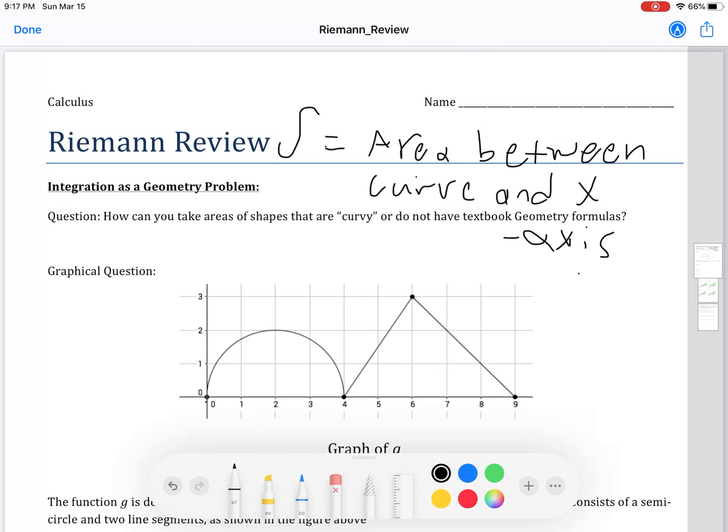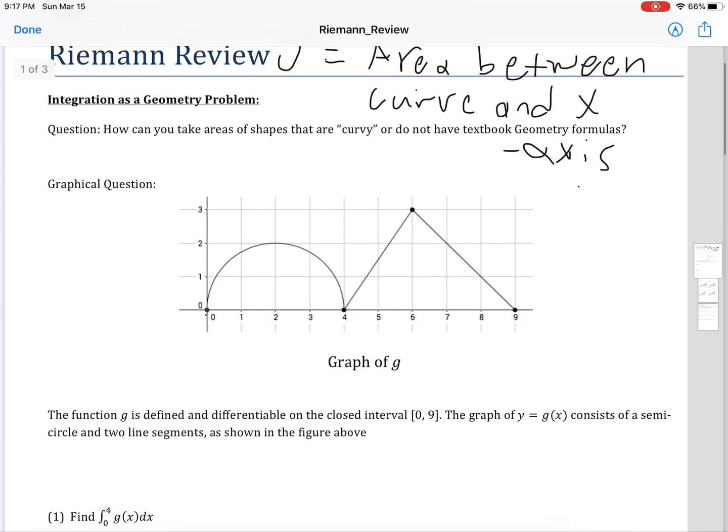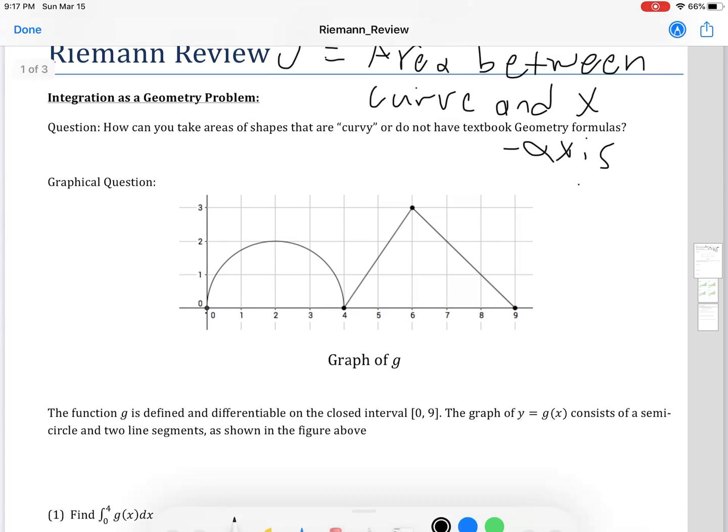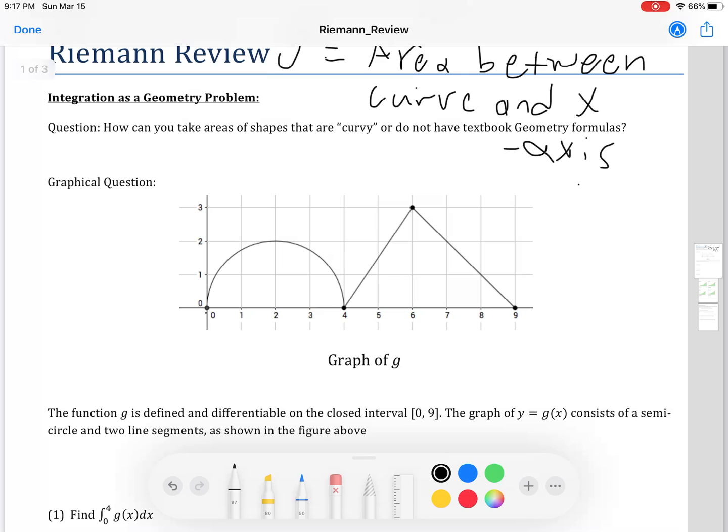One question we may want to think about here is, how would a geometry student interpret this type of problem? If I asked one of my geometry scholars how to take the area of these shapes, they could do it. For instance, they could look at the blue region here and see that it's a semicircle.